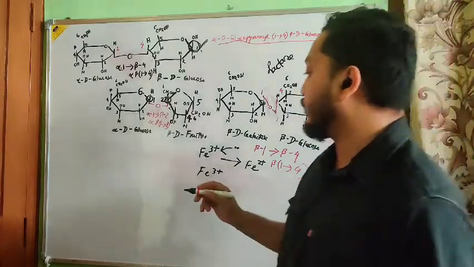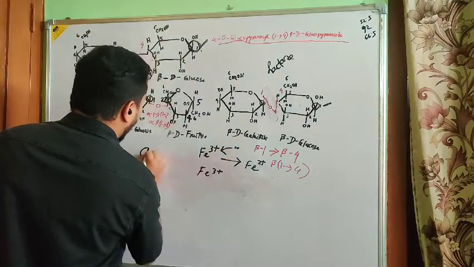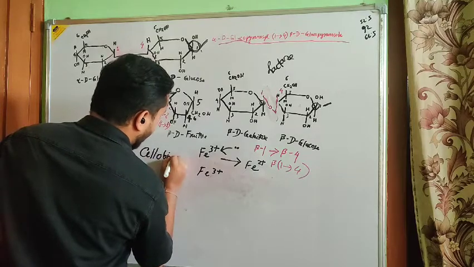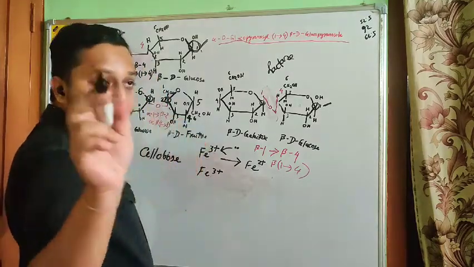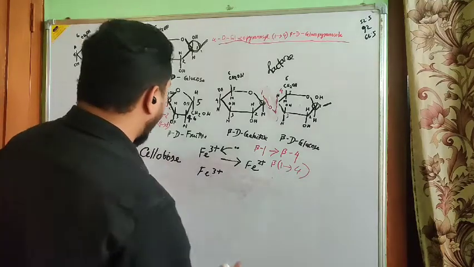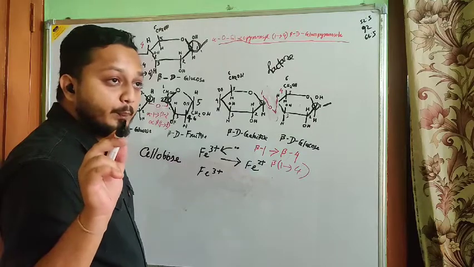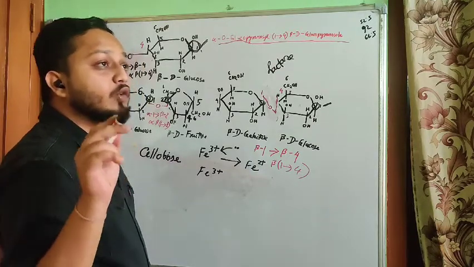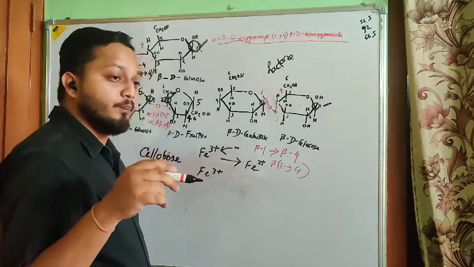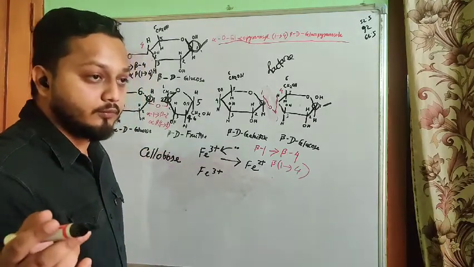There is one disaccharide known as Cellobiose. This is important from competitive exam point of view. Cellobiose consists of 2 units of beta D glucose, and it is important from diagnostic point of view.